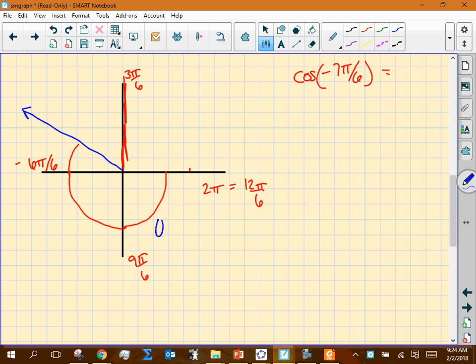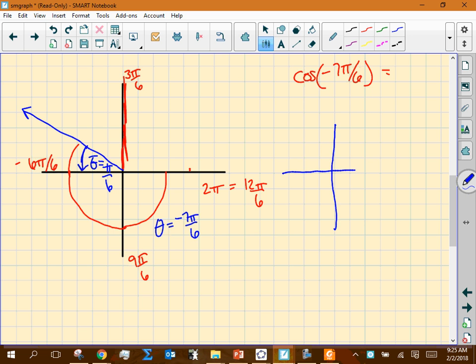Now this angle theta that we're interested in is negative 7 pi over 6. So now, how many degrees do I need to go, or how many radians do I need to go back to figure out what my theta bar is? Pi over 6. So theta bar is pi over 6 radians. So now think about this.